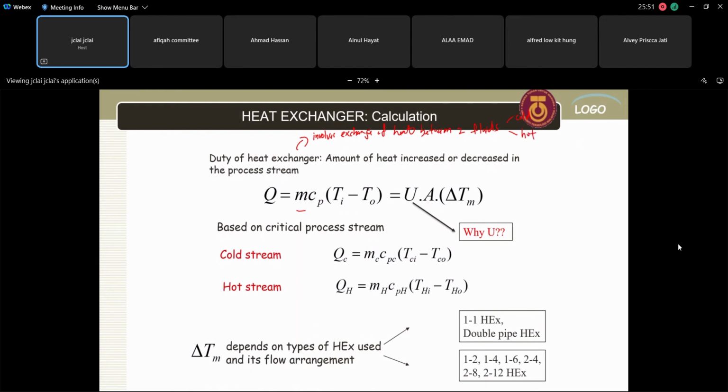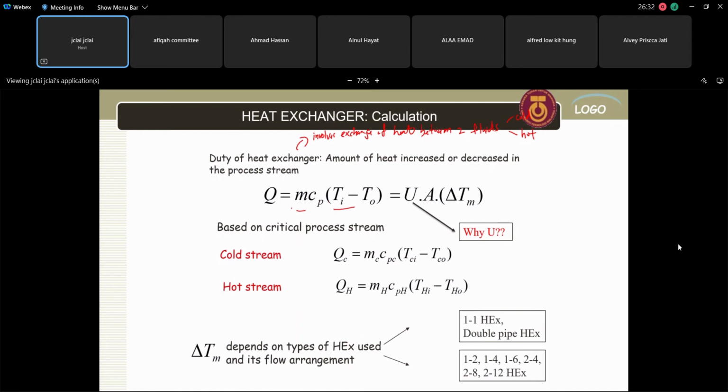Cold fluid is the fluid with lower inlet temperature, and hot fluid is the fluid with higher inlet temperature, right? So when the two fluids get in touch with one another through the surface, then exchange of heat occurs. So what we want is to use the heat exchanger to heat up and to cool down the fluid, right?